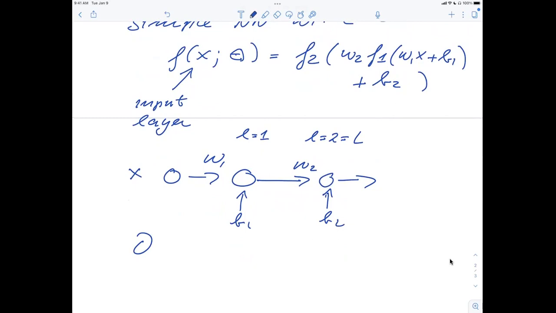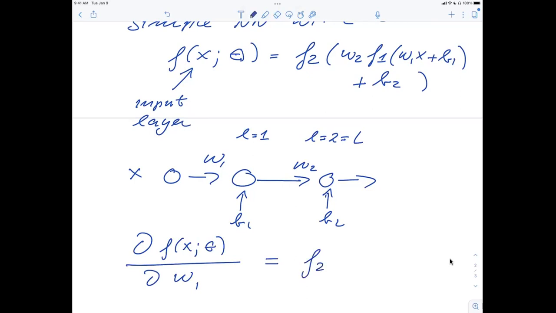Now we have simplified the network just to illustrate some of the mathematics of a neural network. If I now take the derivative of this final quantity, f of x, theta, with respect to W1, which is one of the weights, and which we will need when we are calculating the gradients from the back propagation algorithm, this is nothing but, sorry, not sigma 2, but the f2 derivative.